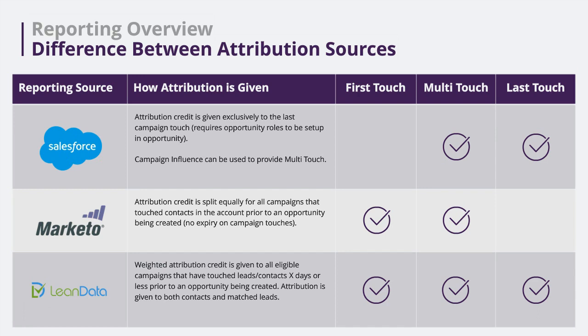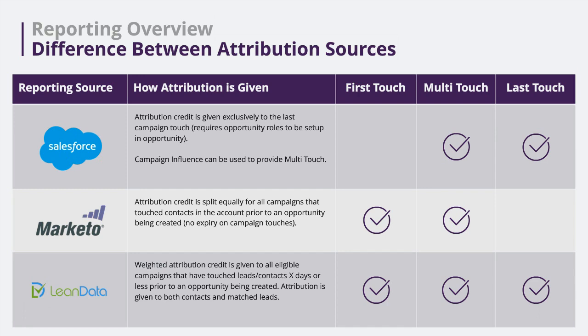One of the big value props for Marketo was, of course, that you didn't have to have those opportunity roles defined, that you could look at all the contacts on an account. But that being said, we start to not look at a lot of the leads in our marketing and sales database that aren't tied to the account and that we don't have visibility into. We also have no expiry on campaign touches, which means that a lot of times we'll have very old campaigns that we're still giving attribution credit for years later.